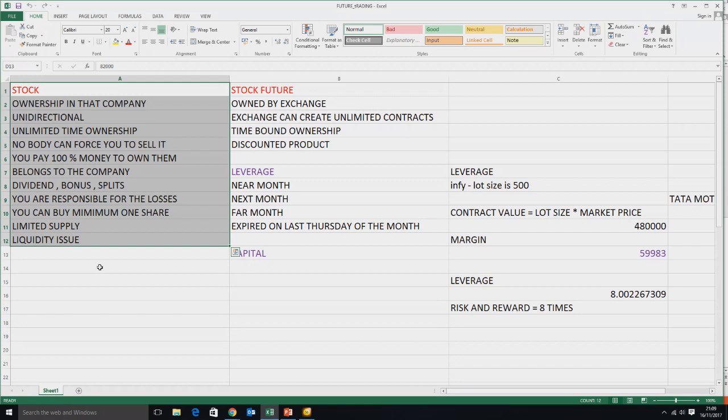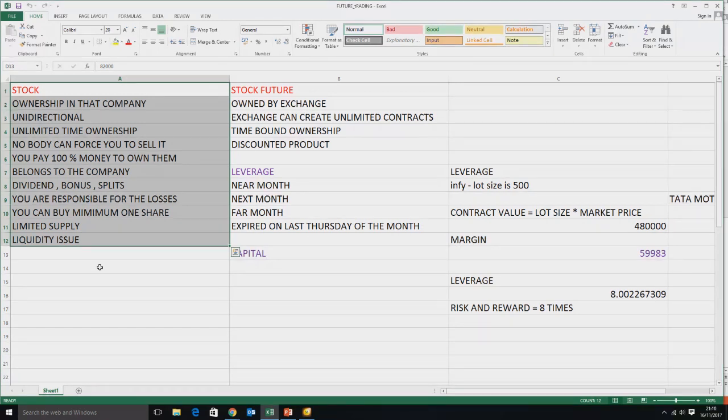One more thing in stocks, you have to pay 100% money to own them. If you want to buy, say, 10 stocks of SBI, which is now trading at something around 335, you have to pay accordingly the full 100% amount to own that stock. Another thing with the stock is it belongs to the company, right?